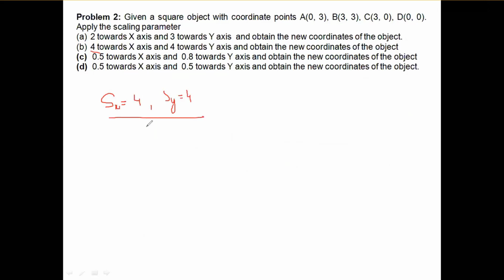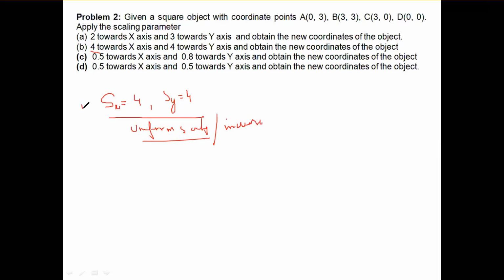So this is the case of uniform scaling because Sx and Sy are equal, and the size of the object will increase because the factor is greater than 1.